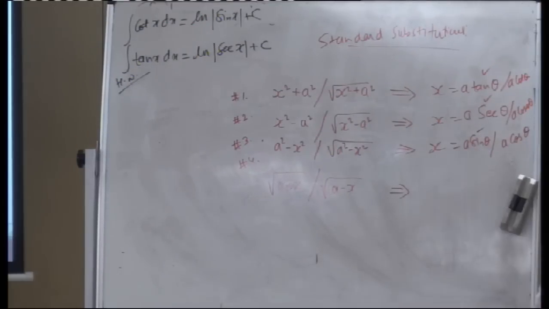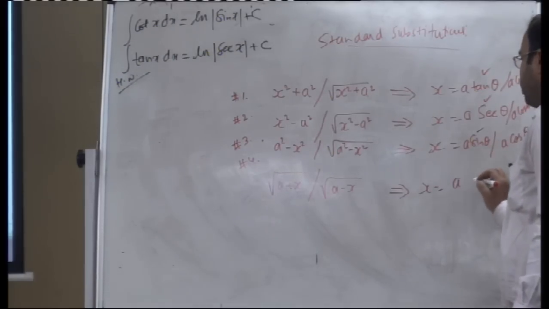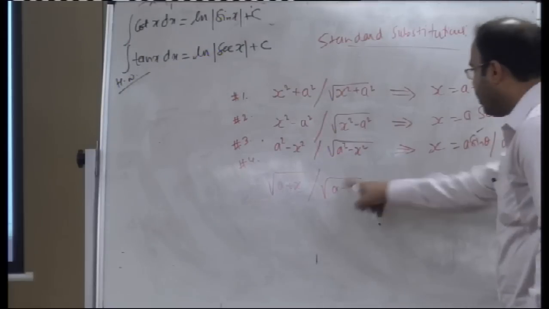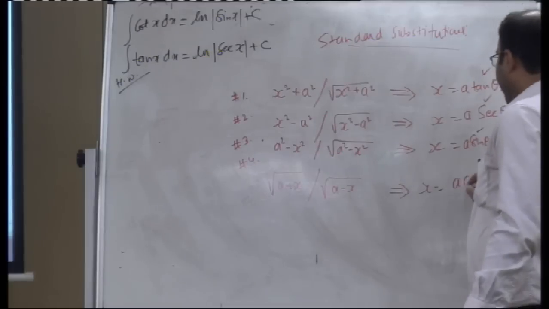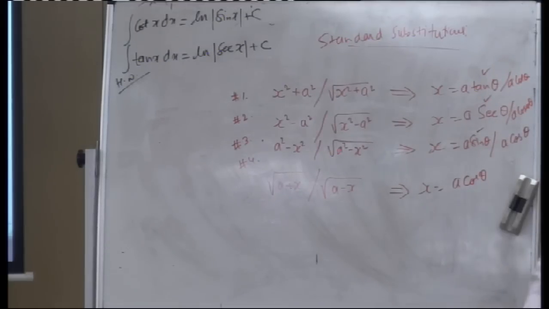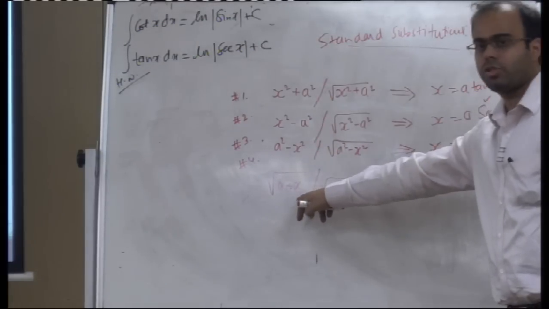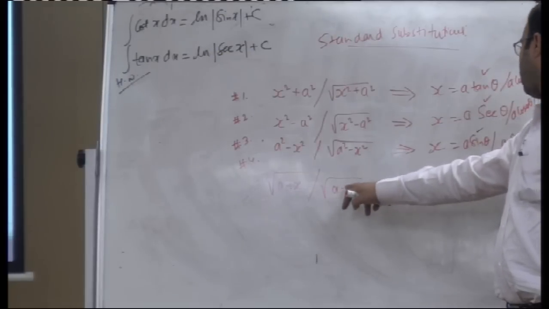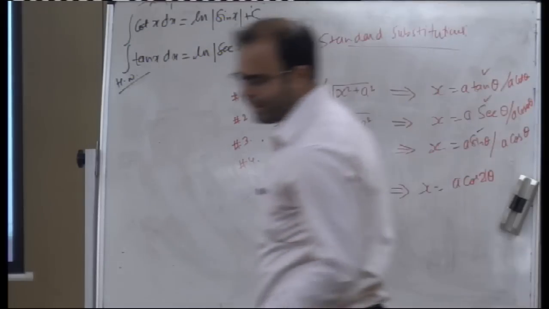So what substitution we need to do here is x equal to a cos theta, or you can put a cos 2 theta. Anyway, there is no restriction. You can take 1 plus cos 2 theta, then it will become cos square theta, and 1 minus cos 2 theta will become sin square theta, and the root will get cancelled.